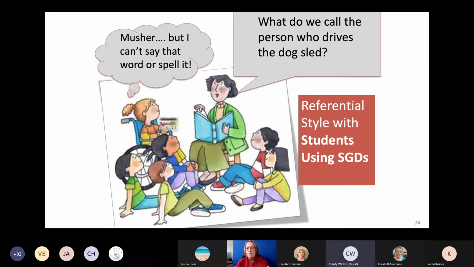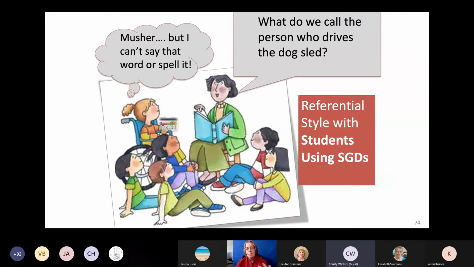But when you take that strategy and apply it to a kid who uses an AAC system, and you're sitting around with your speaking peers and you ask the class, what do we call the person who drives the dog sled? That kid using the AAC system might say in her head, I know it's called the musher, but I can't spell it, and it's not pre-stored in my device. So they're kind of stuck.